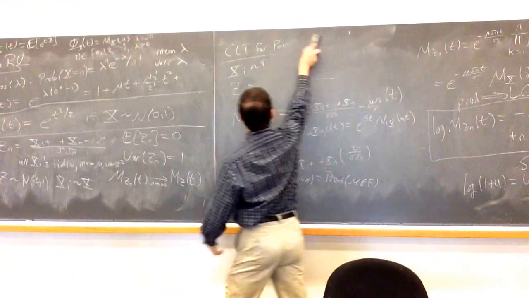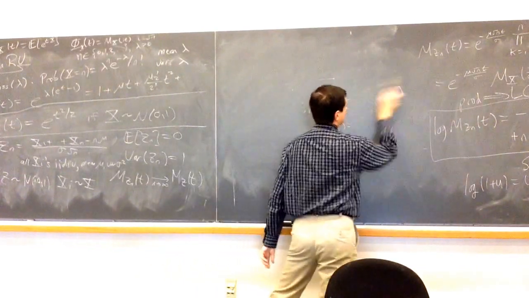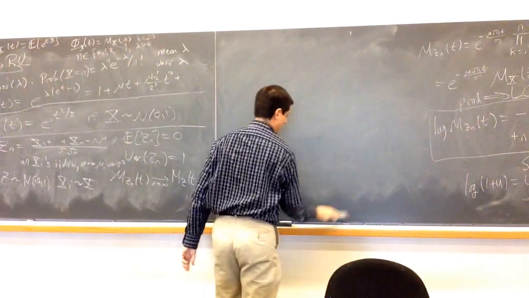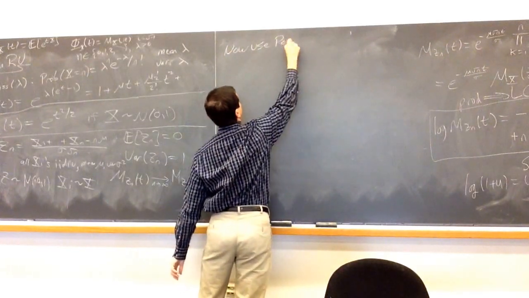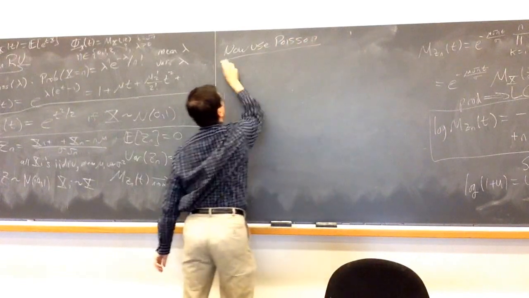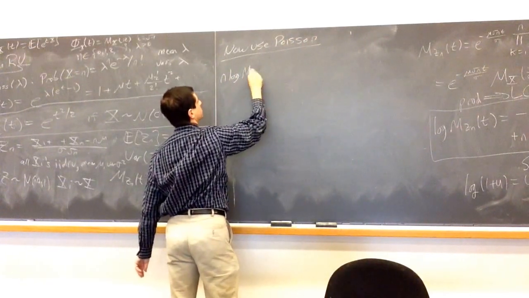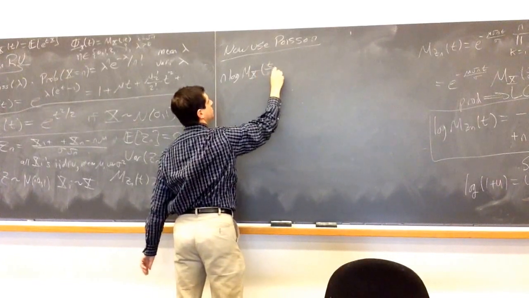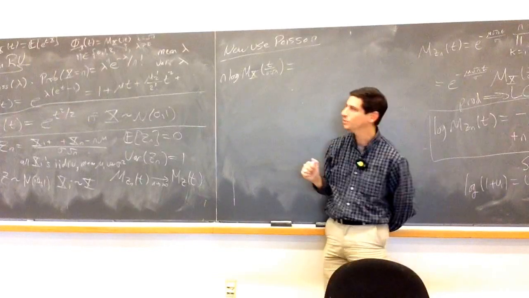So now we use the fact that we have a Poisson. So we have n times the log of M_X of t over sigma root n. This is no longer going to hold in general. It only holds for what we're looking at.